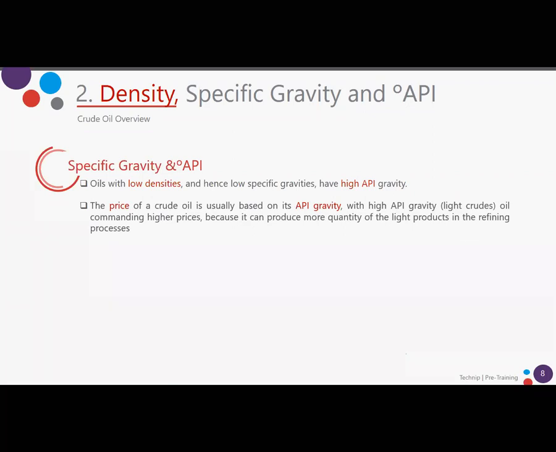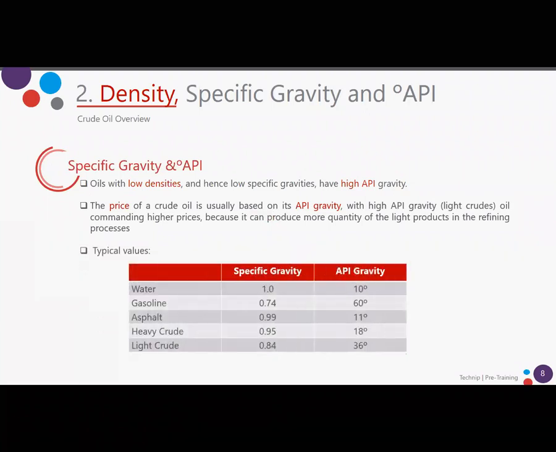A high API gravity means that you have a light crude oil, which commands a higher price because it can produce more of the light products in the refining processes, and these light products have a higher price in the market. That's why a light crude oil will always be more expensive than a heavy crude oil.